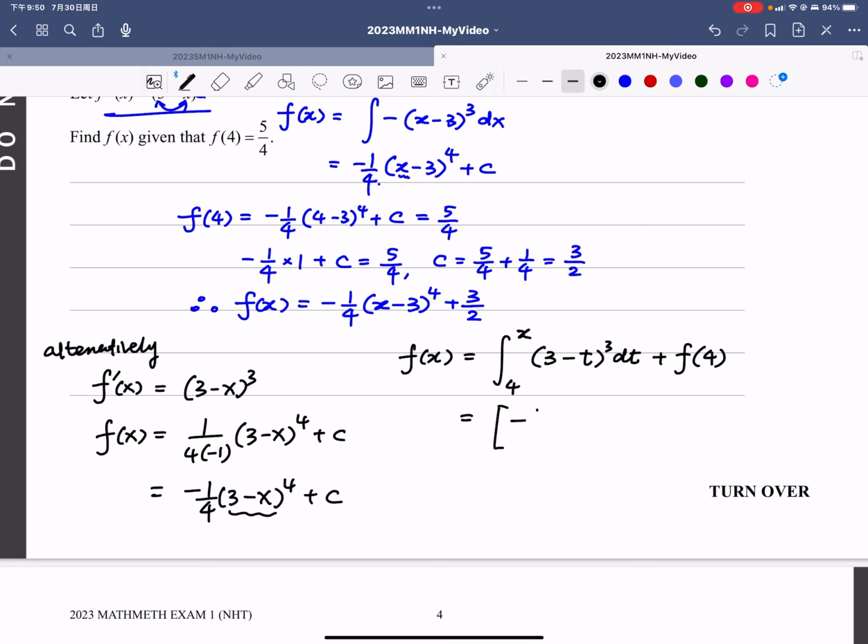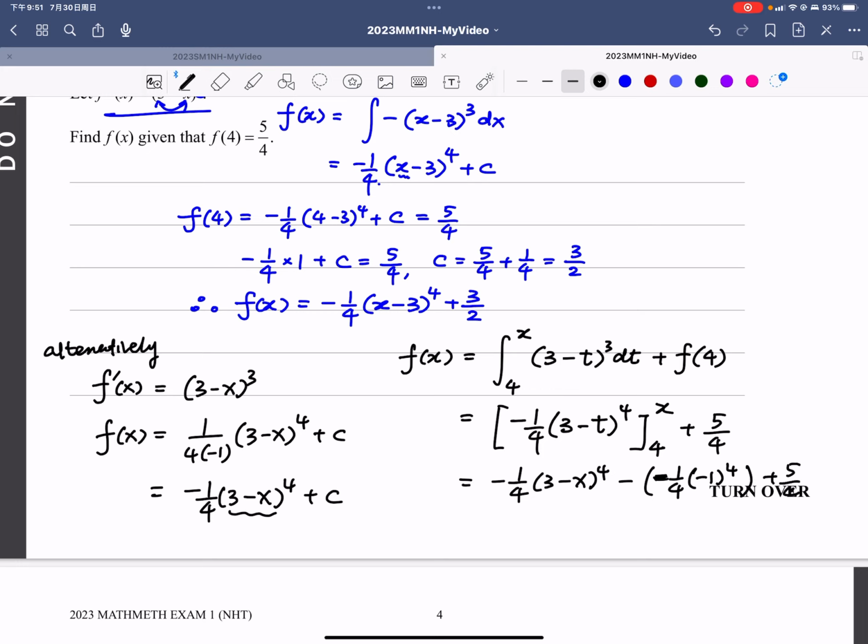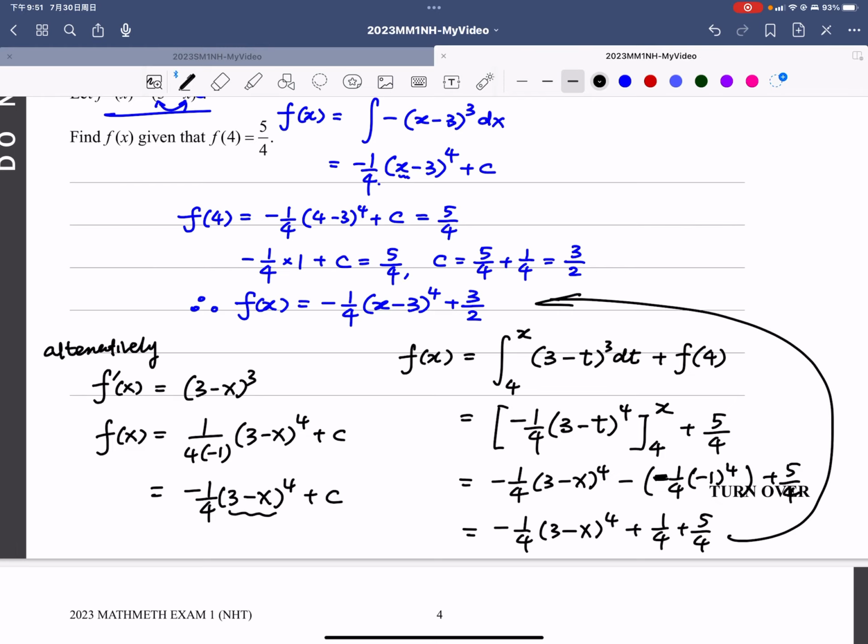So you basically get minus a quarter, (3 minus t) to the power 4, evaluated from 4 to x, add 5 over 4, which then gives you minus a quarter, (3 minus x) to the power 4, subtracting minus, well, be aware of the sign changes here, bracket, okay? And 3 minus 4, that's minus 1 to the power 4. Then add 5 over 4, which still gives you minus a quarter, (3 minus x) to the power 4, add a quarter, add 5 over 4. It's the same answer here, okay?